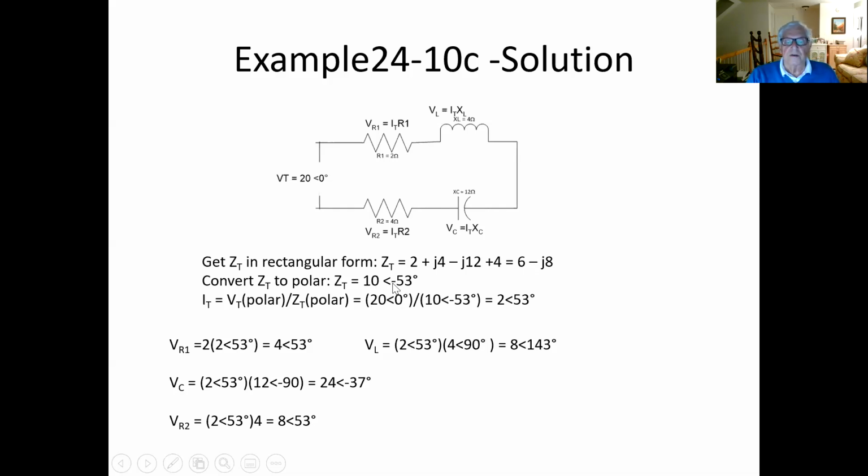So ZT is 10 with an angle of minus 53 degrees. I total is 20 at 0 degrees divided by 10 at minus 53. 10 into 20 is 2. Minus 53 subtracted from 0 is plus 53. So IT is 2 at 53 degrees, and we can multiply that by the resistor to get that voltage, and we do the same for VL, VC, and VR2 to get all that information.